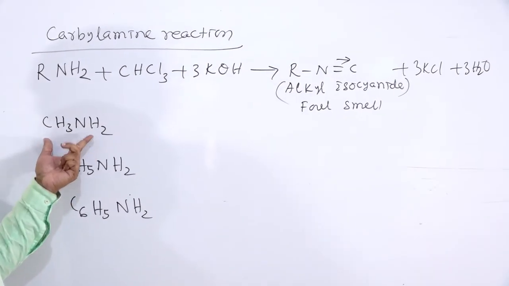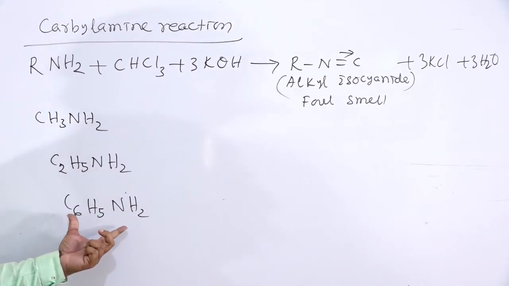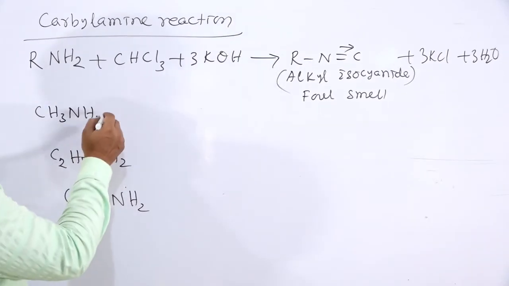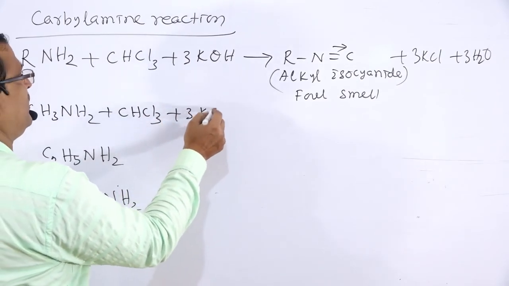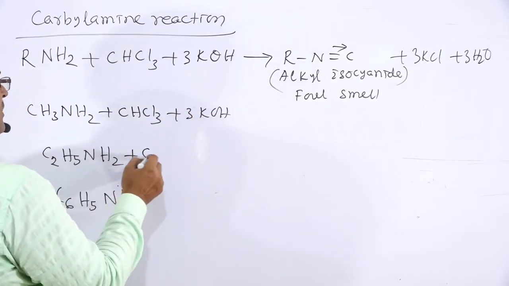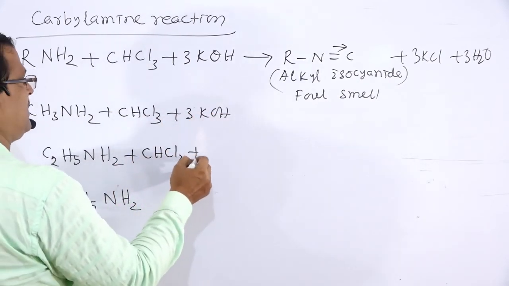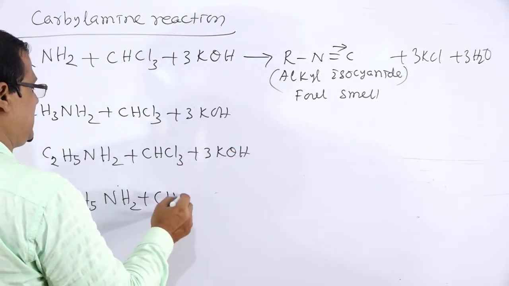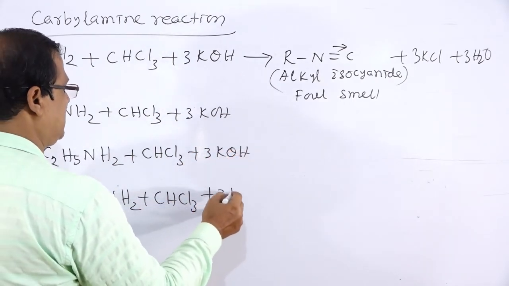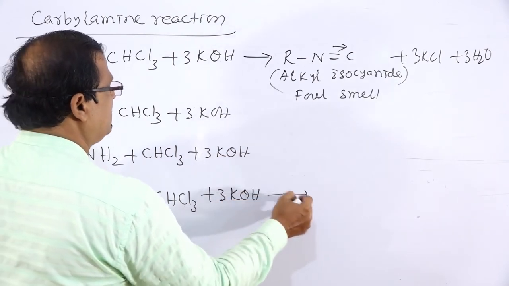So methylamine, ethylamine or aniline reacts with chloroform, CHCl3, and KOH. Then what will be the product?